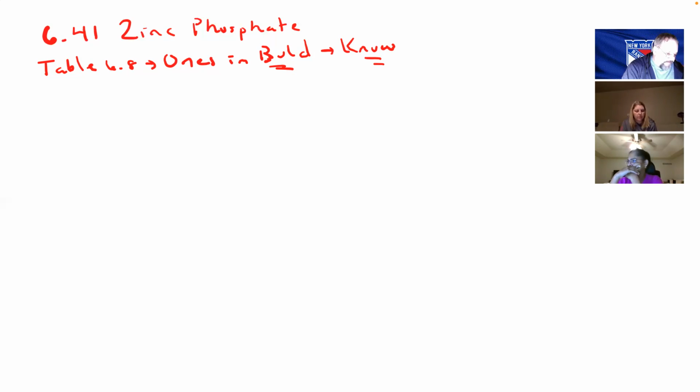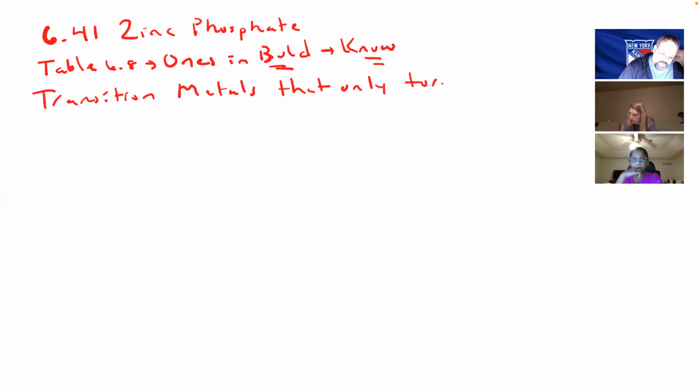polyatomic ions. Now, the other thing is there are certain transition metals that only form one type of ion. And because of that, there's no Roman numeral indicating the charge in the name. So I'm going to give you these three.